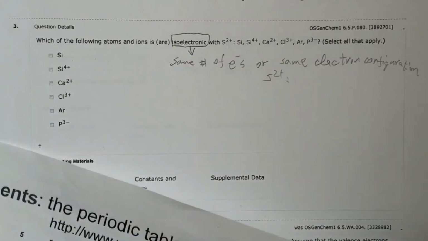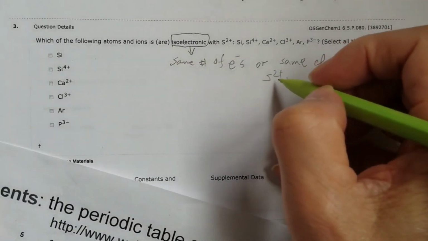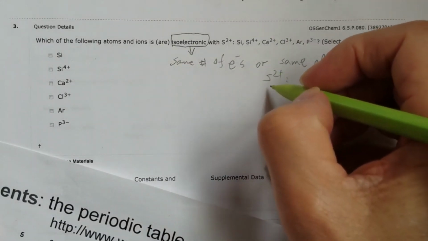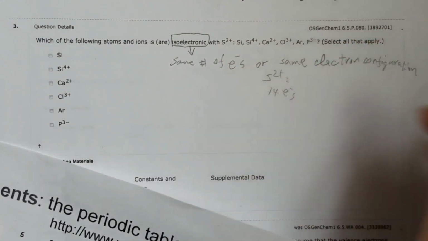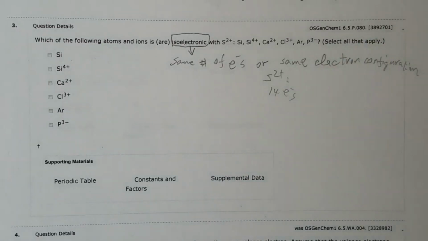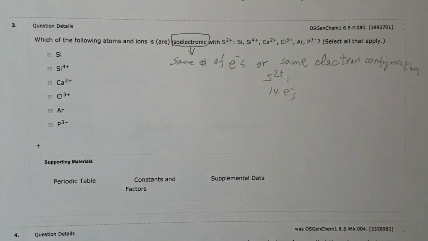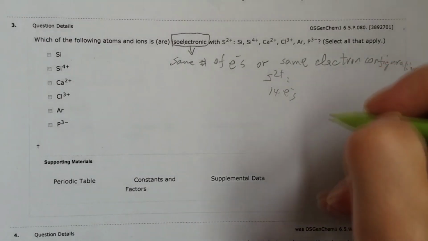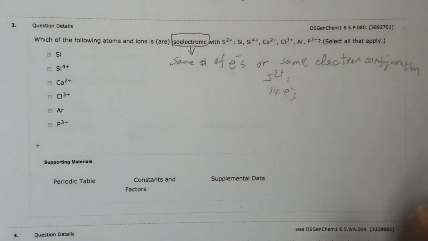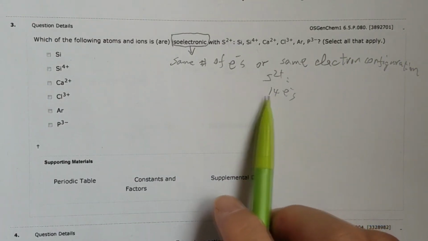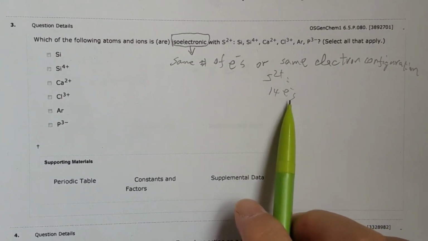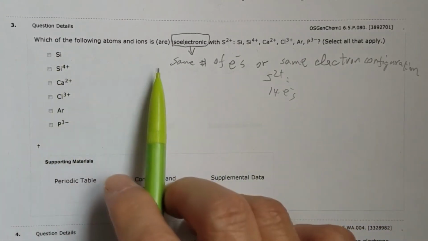So therefore, the total number of electrons for S2+ is 14. We don't really have to find out the electron configuration. As long as we have 14 electrons, we should be fine. That should be enough to solve this problem.